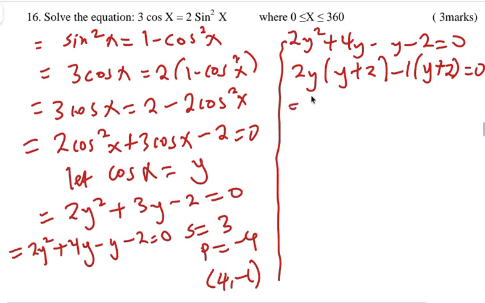So putting together it is 2y minus 1 and y plus 2.